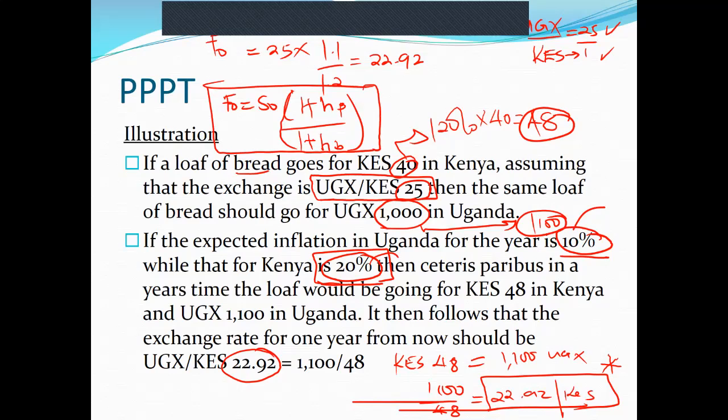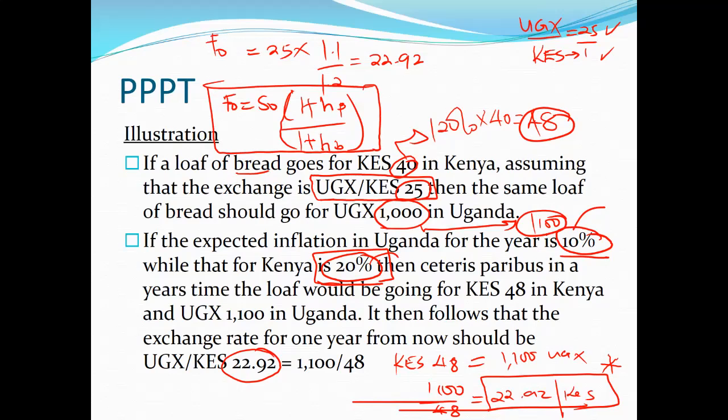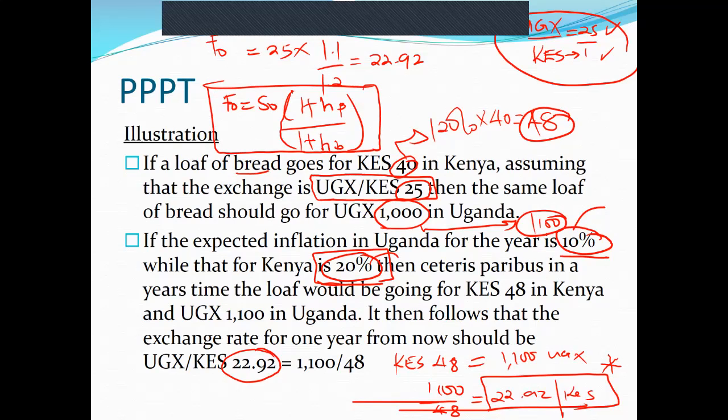In this formula, F naught is the future spot rate, S naught is the current spot rate, that is today's spot rate, HP is the inflation in the price currency, and HB is the inflation experienced in the base currency. So you have to observe how the quotation is given.